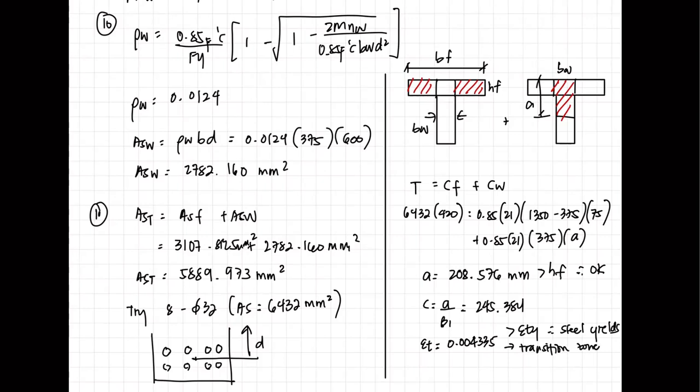Okay? So dapat yung phi natin is 0.65 plus 0.25 multiplied by ET minus ETY over E limit minus ETY. Okay, so that is 0.65 plus 0.25 times 0.004335 minus 0.002 all over 0.003.